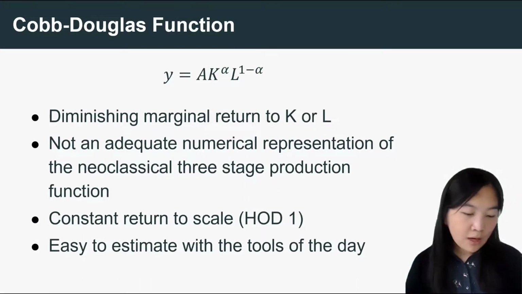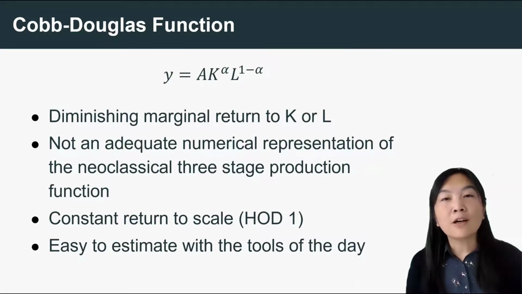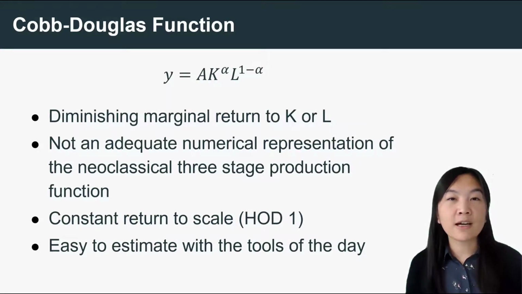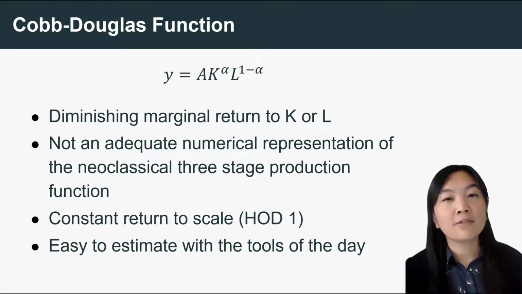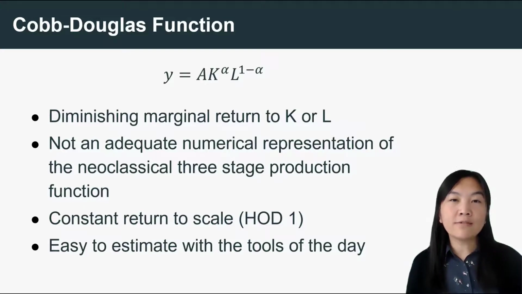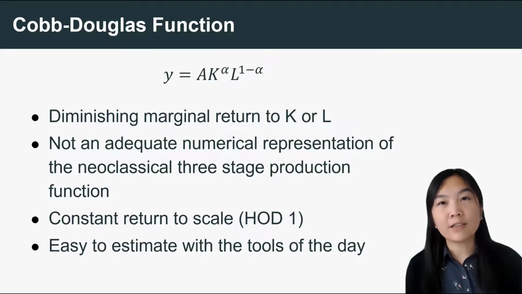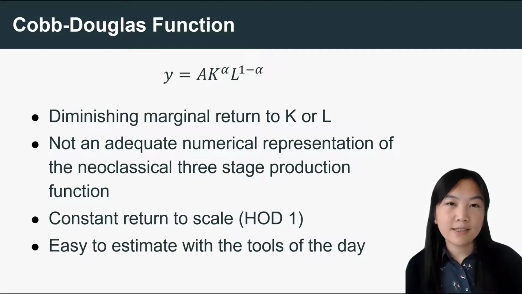Later on, after the Cobb-Douglas function was published in the journal, there were some generalizations of the function. However, before I go there, there are several other properties of the Cobb-Douglas function that I want to emphasize here.